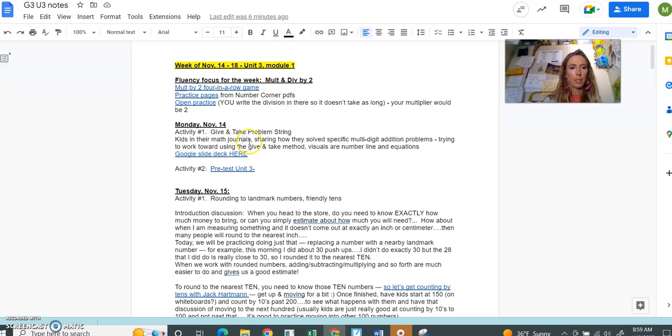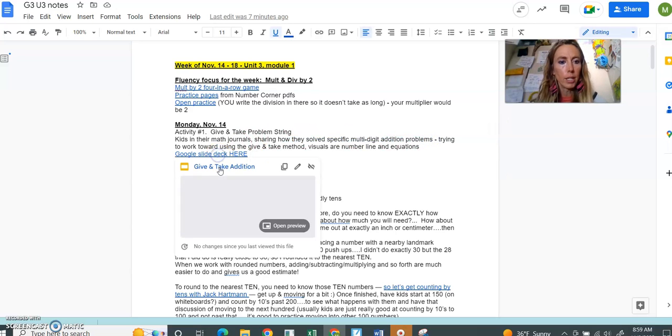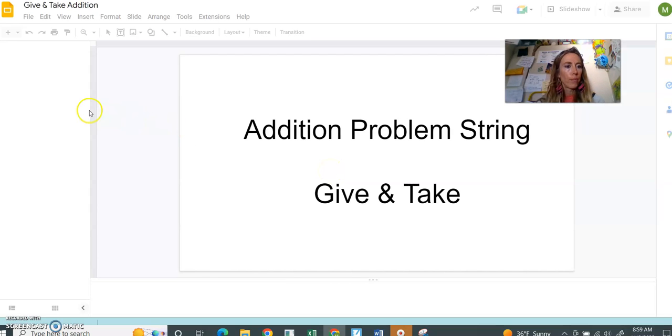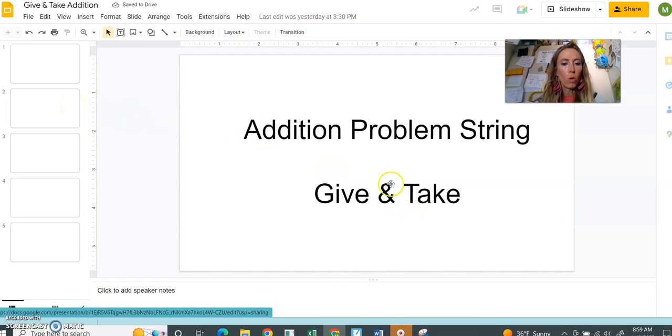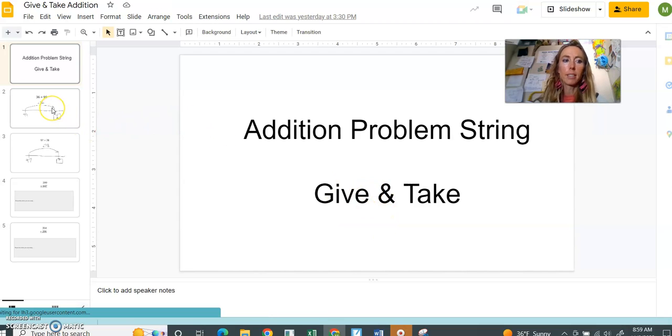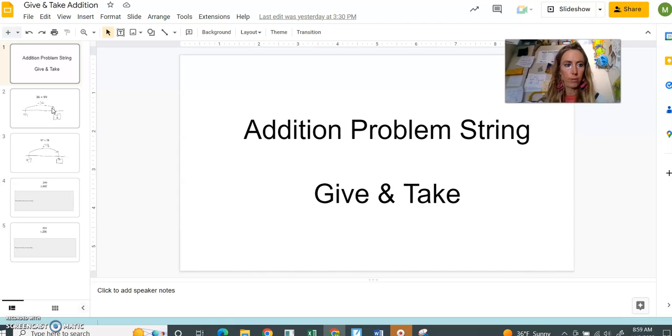Come Monday, you'd start it off with a give and take problem string. So the kids would be in their math journals, and they would show how they're solving these specific problems that you're going to show in this Google slide deck that I put together. So if they want, they can label it give and take, but they might not know what that means till we actually start the problem string, right?